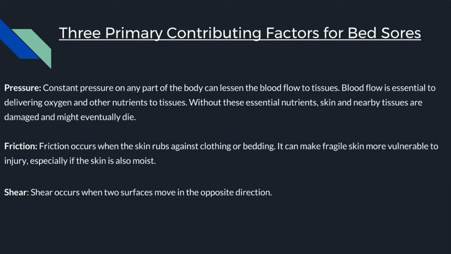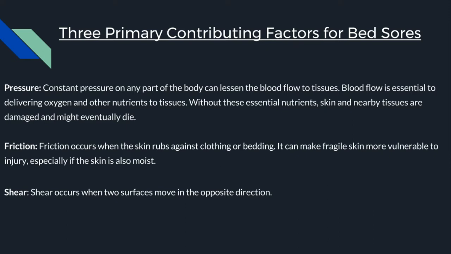Three primary contributing factors for bed sores include pressure, which is a constant pressure on any part of the body, which can lead to lessened blood flow to the tissue. Friction occurs when the skin rubs against clothing or bedding. It can make fragile skin more vulnerable to injury, especially if the skin is always moist.